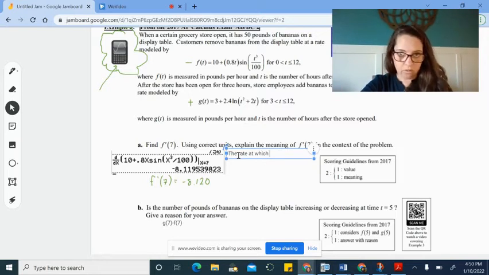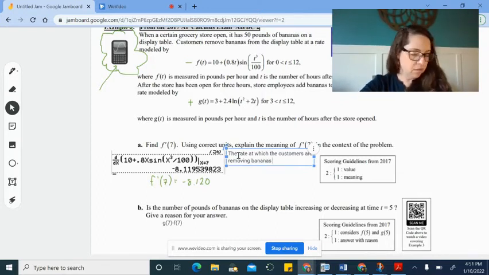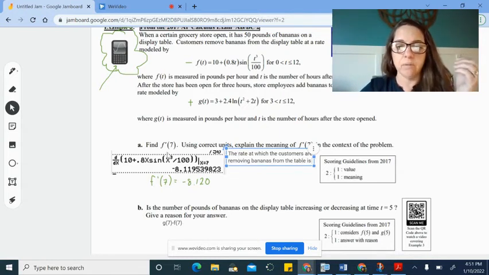Okay, so the rate at which the customers are removing bananas from the table, is it going up or down? Is this derivative going up or down?